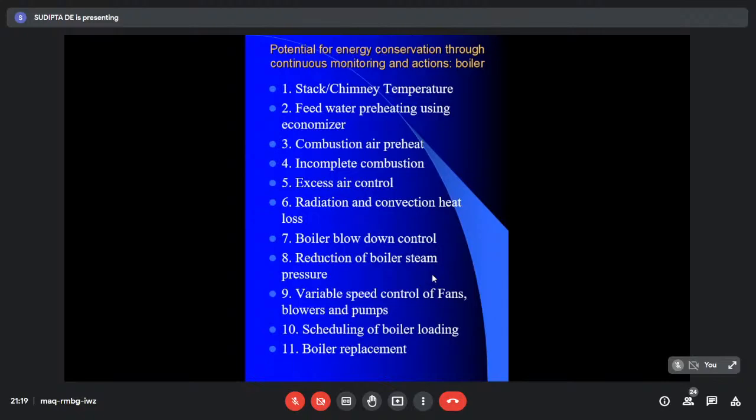This process consumed the same electricity even at lower load.